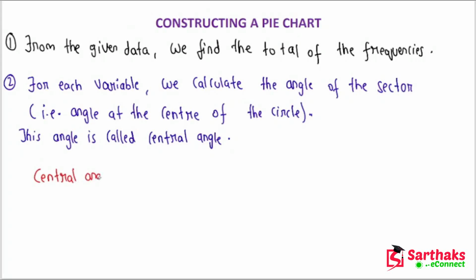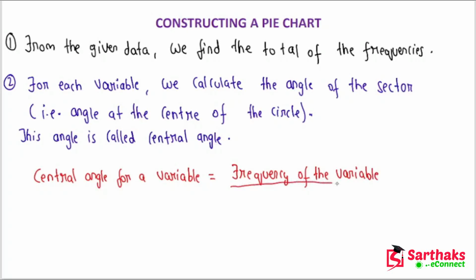So central angle for a variable is equal to frequency of the variable whole upon total of frequency.